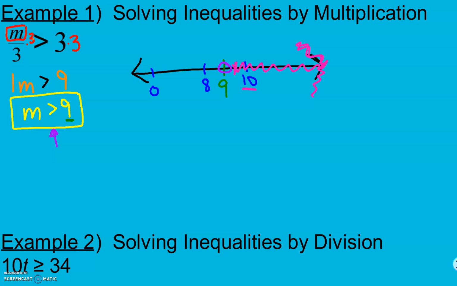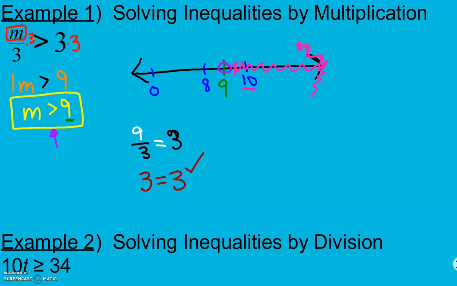To check our solution here, I check two things. I check first that my boundary point is right. So I take 9 divided by 3 should equal 3. 9 divided by 3 is 3 equals 3. My boundary point is right.